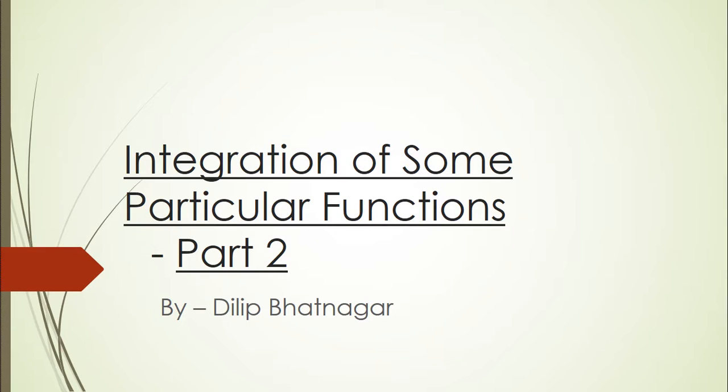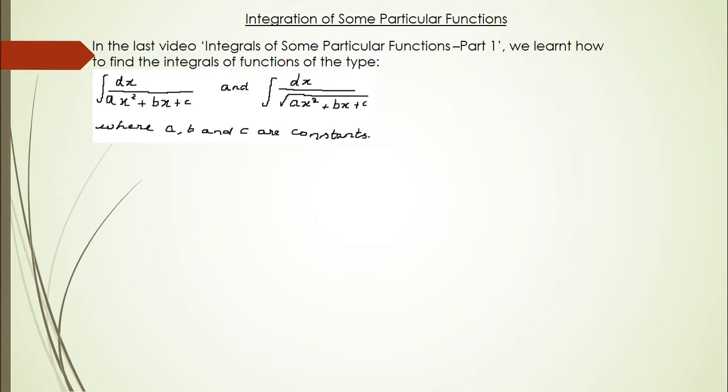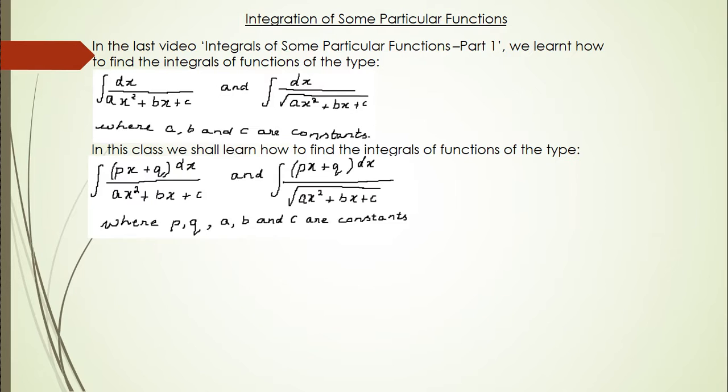In this video, we shall continue with the integration of some particular functions. In the last video, integrals of some particular functions part 1, we learned how to find the integrals of functions of the type integral dx by ax square plus bx plus c and integral dx by root of ax square plus bx plus c, where a, b and c are constants.